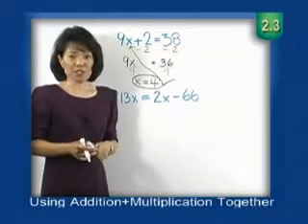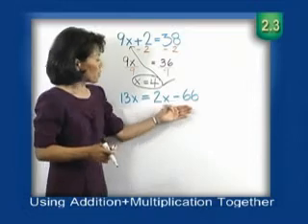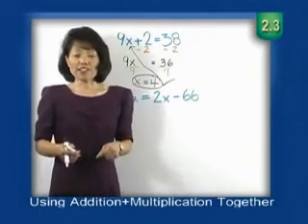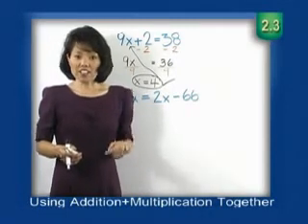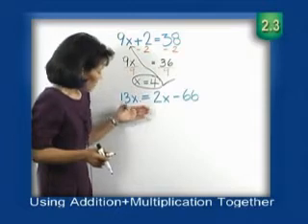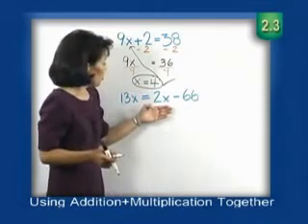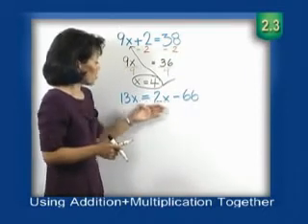Let's look at another equation here. We have 13x equals 2x minus 66. Again, our goal is to solve for x or isolate x on either side of the equal sign. I see right now to begin with I've got x on both sides of the equal sign. So what I'm going to do is get it on one side. Now I see that I have 13x and 2x.